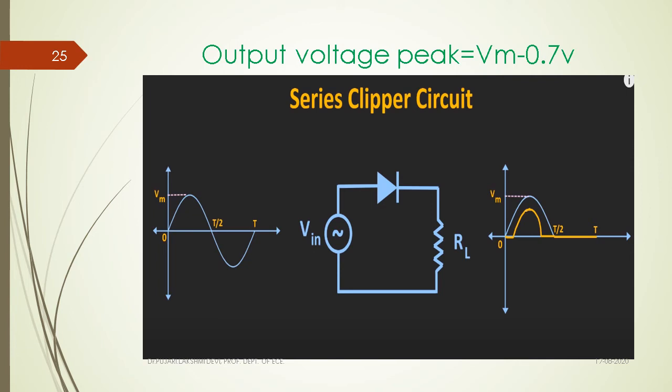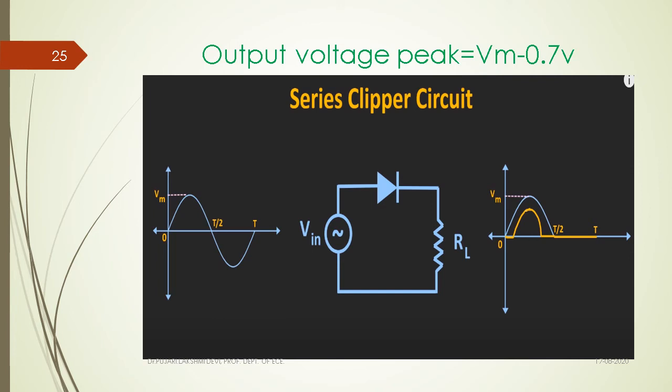If the diode is reverse biased, the output voltage is 0. When the anode voltage of the diode is greater than the cathode and crosses its cut-in voltage, the diode becomes forward biased, and then the output voltage is the same as the input voltage.